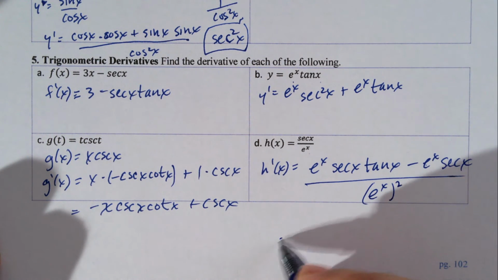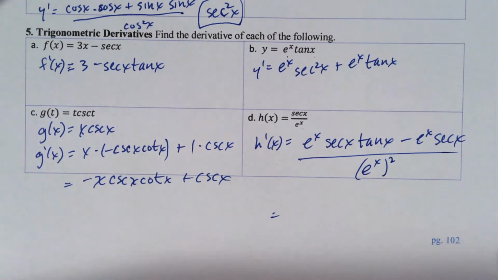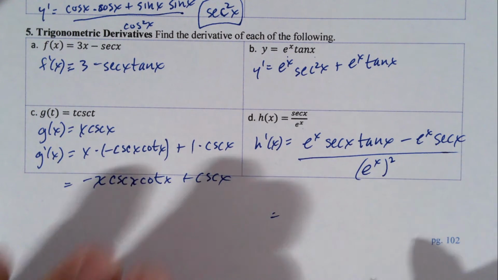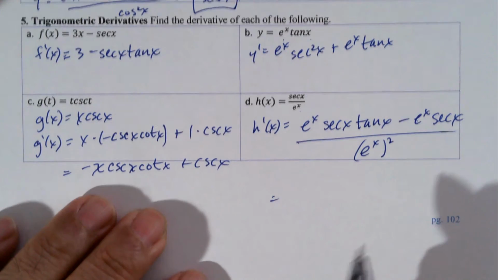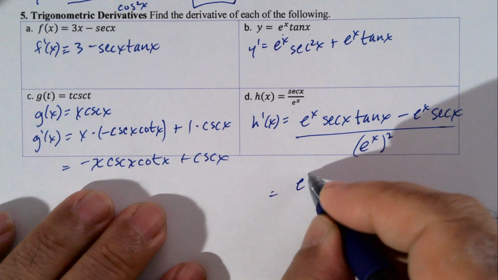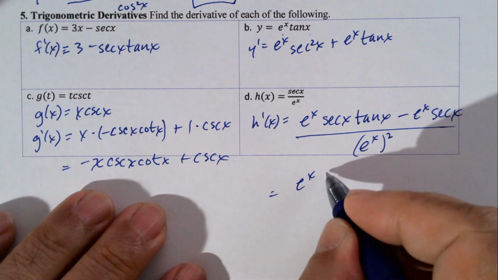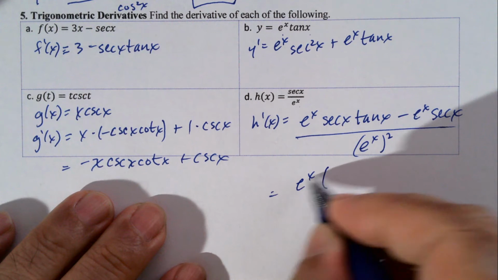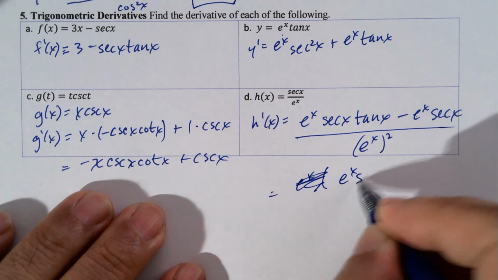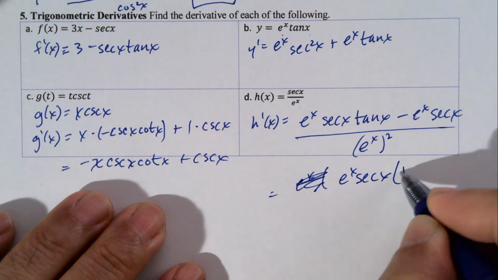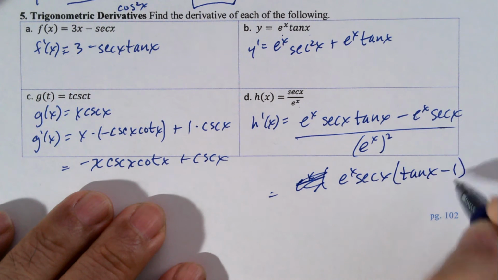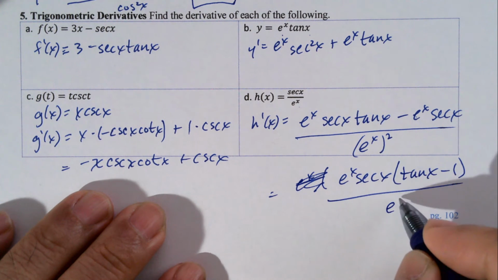E to the x squared, I want to work on that. In fact, I'm going to clean this up a little bit. I'm going to factor out e to the x secant x. So that's going to be e to the x secant x times tangent x minus 1, over e to the 2x.